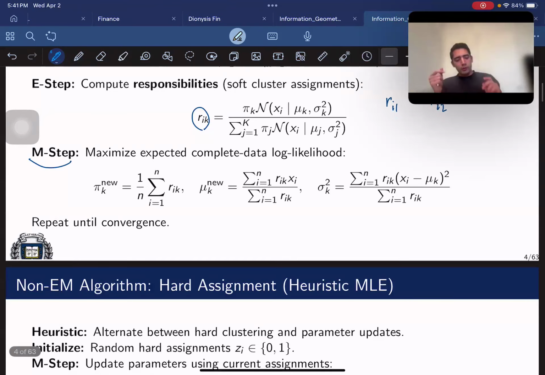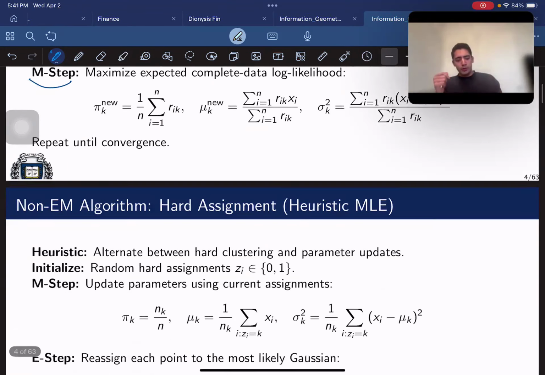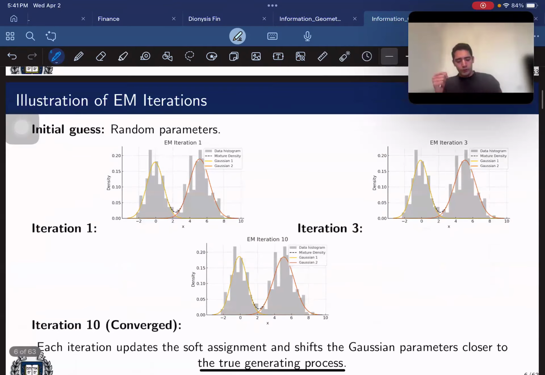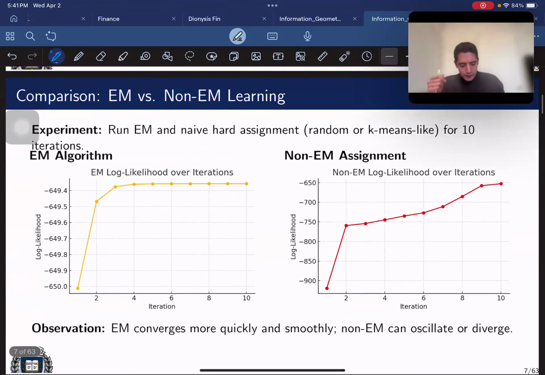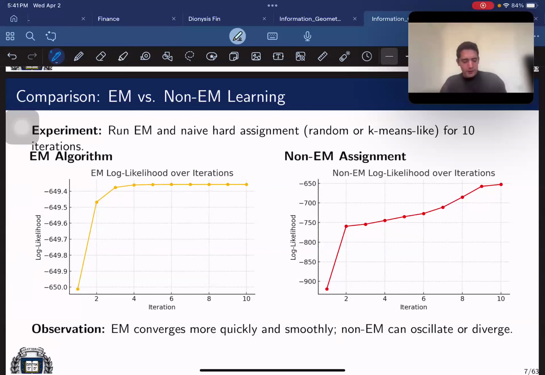But what is the estimation part we're doing? So just to show you the difference between the two algorithms, as you can see, the left one is EM and the right one is some random initialization and going randomly from that point. This setup is clear.